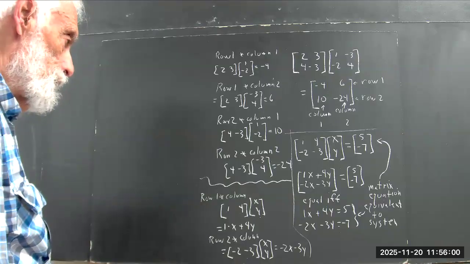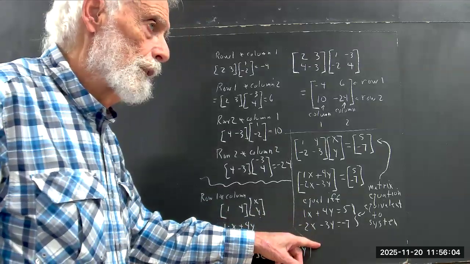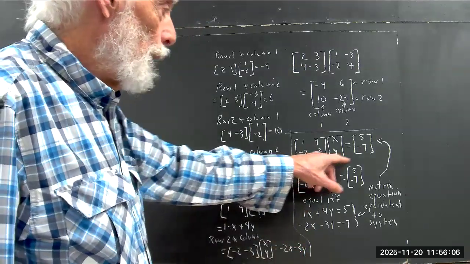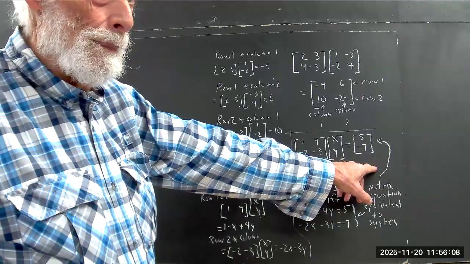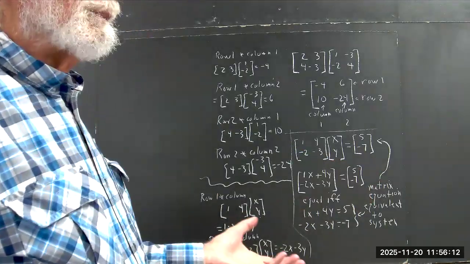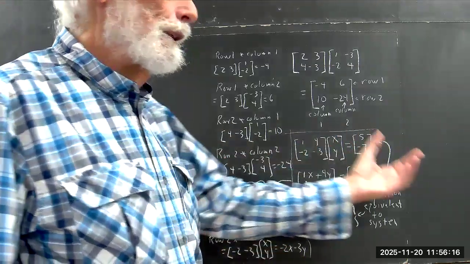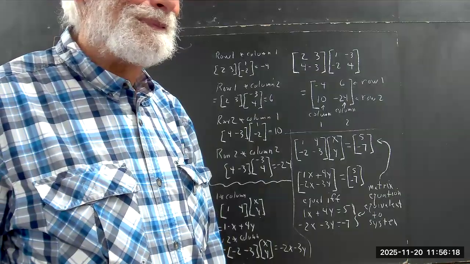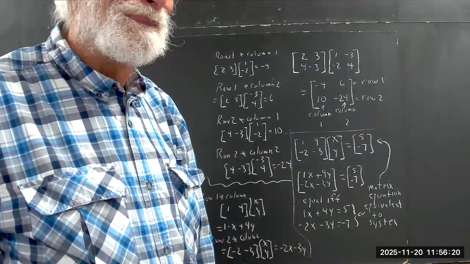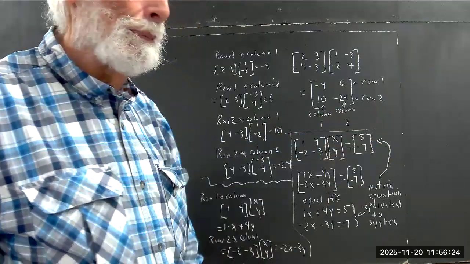A lot of times, the easiest way to get a solution to a system is to convert it to a matrix equation. And then solve it by multiplying both sides by the inverse matrix. You don't need to know that. But it's like this times this equals this.